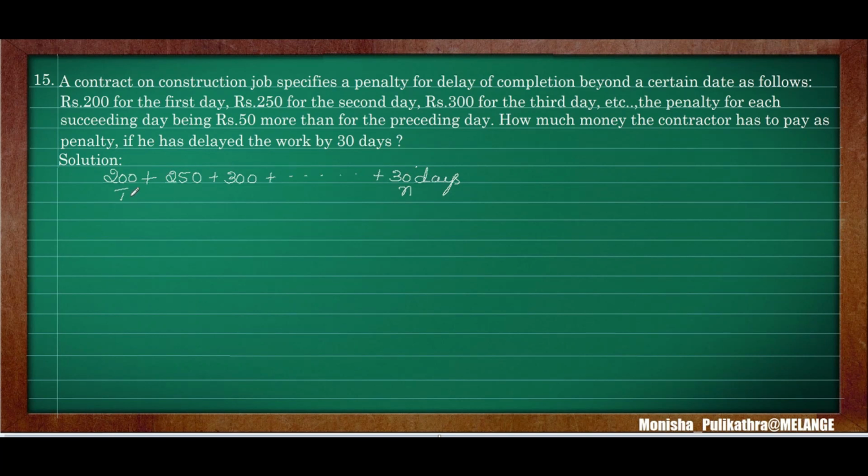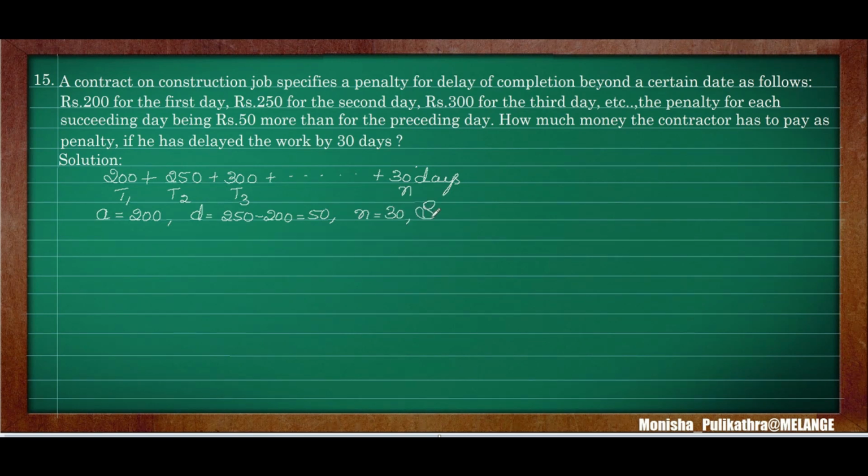So 200 is T1, then T2, T3, up to 30 days, which is n, the number of days. The first term is 200. The common difference is 250 minus 200, that is 50, and the number of days n is equal to 30.